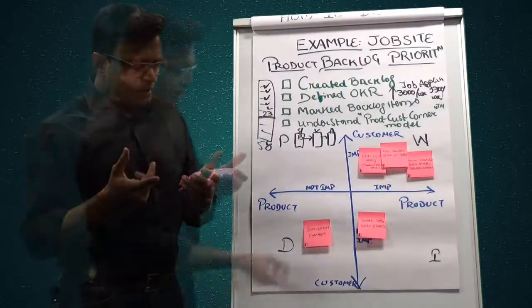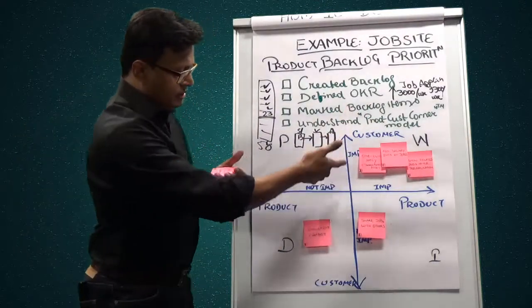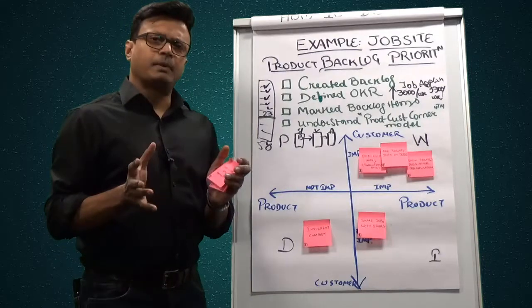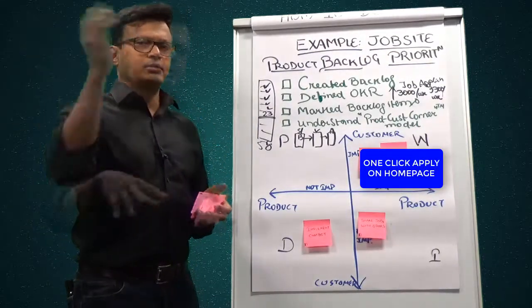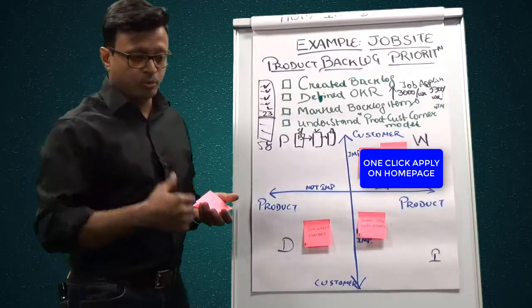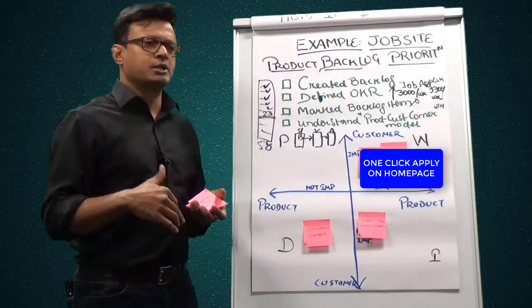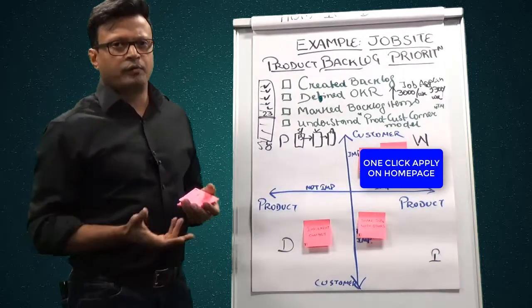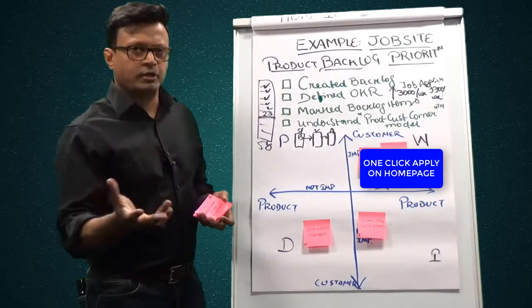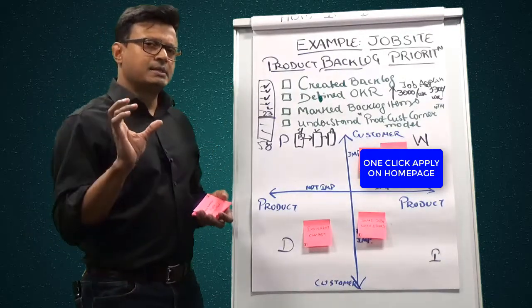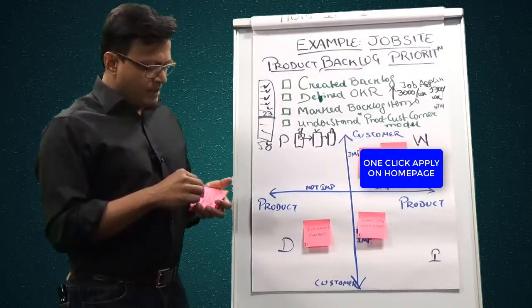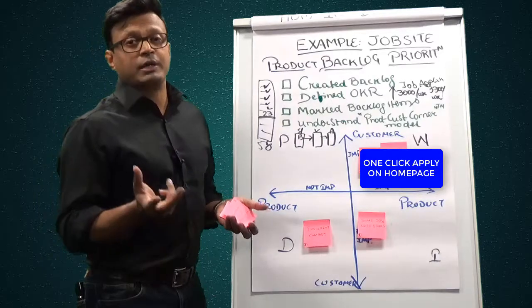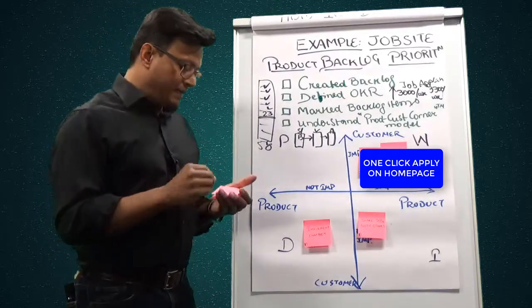Next comes one click apply. The way we have it on the search results page, we say one click apply on the home page. Now the home page is a place where you come through either google.com or google.co.uk, or you have entered the URL of Monster or Indeed or Naukri.com and you go to that home page. But this is a low traffic area, but you list the jobs anyway over there, and if the jobs are there, why not give the one click apply in that place as well.